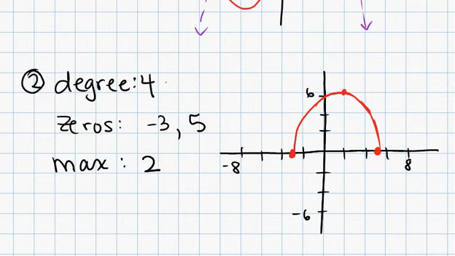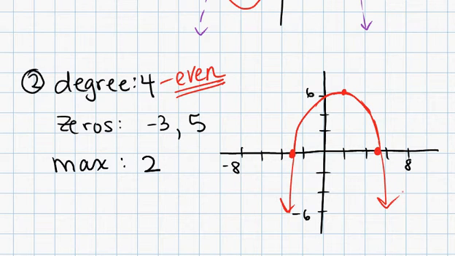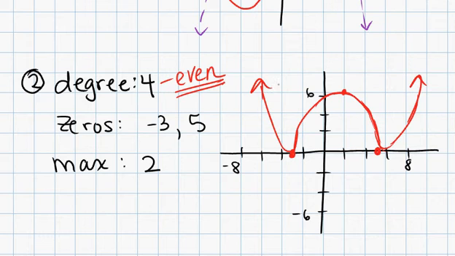And again, 4 means even. So in this case, we could have both arrows going down, which would be a perfectly acceptable answer. Or, if you would rather, we can swoop them back up and have both arrows going up. It doesn't matter which answer is written down. They are both correct.